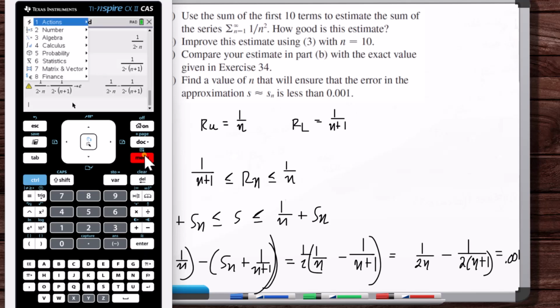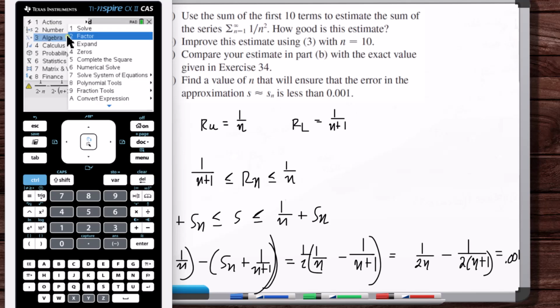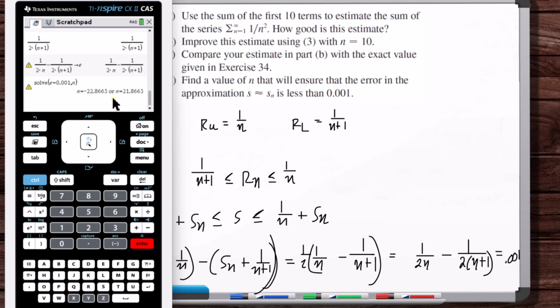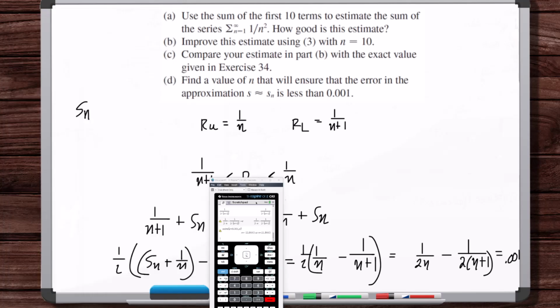Okay, so now we want to solve for E equal to 0.001 for n. Yeah, look at that. So 22, round up to 22.